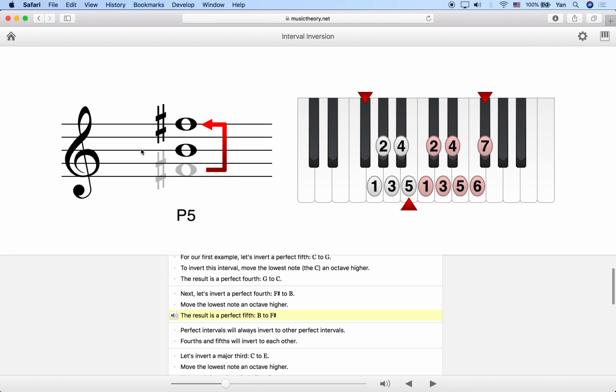Let's make sure that this is right. Let's first make sure that we have the generic interval of a fifth, which is 1, 2, 3, 4, 5. So we have a fifth, and then is it perfect? Well, let's see. From B natural to F sharp, we have 7 half steps. So that is a perfect fifth.